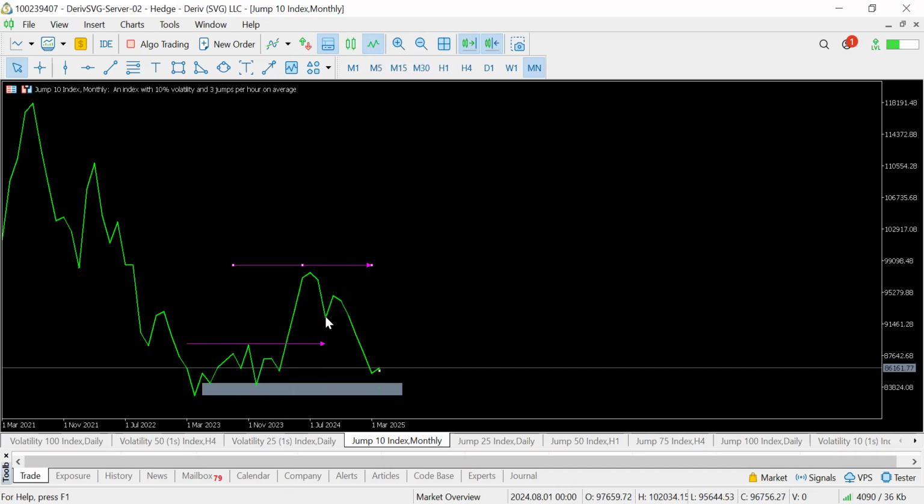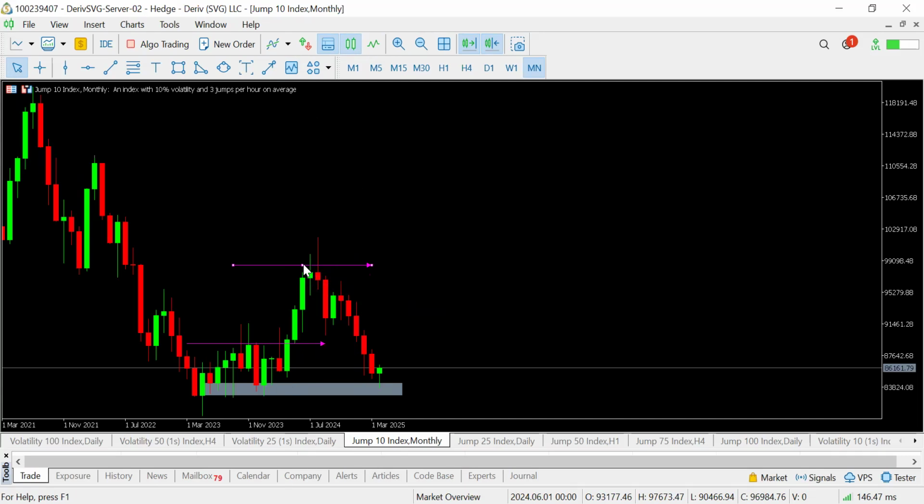It tried to form a higher low, but it couldn't push upwards to form a higher high. So we had a high, a higher low, but we couldn't get a higher high. So the uptrend failed to form. That's just to clarify that the trend of the market never changed. Even if the buyers tried to change the trend, it never did. So having that in mind, we've established that the market direction for jump 10 index is a downtrend.